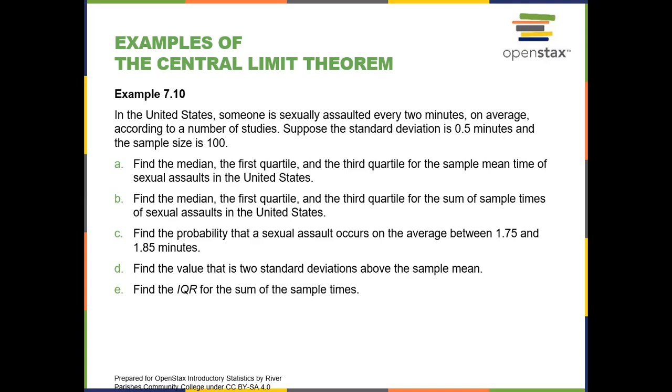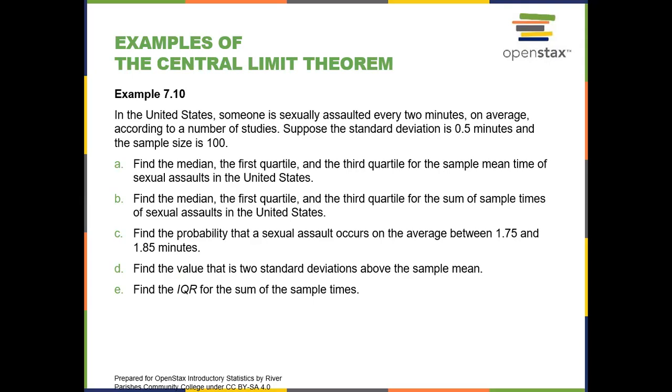In the United States, someone is assaulted every 2 minutes on average, according to a number of studies. Suppose that the standard deviation is 0.5 minutes and the sample size is 100. Find the median, first quartile, and third quartile of the sample mean times. So let's do it.